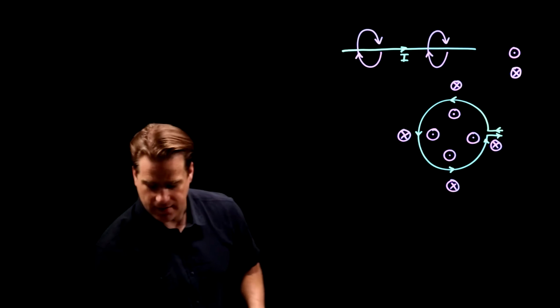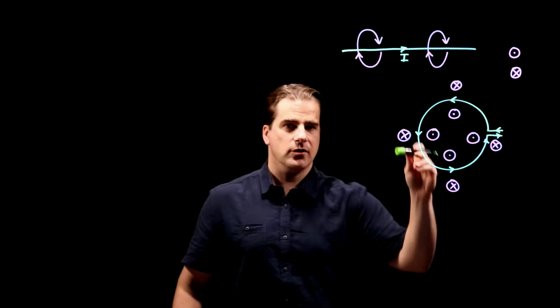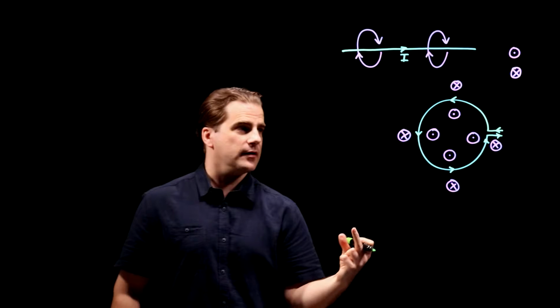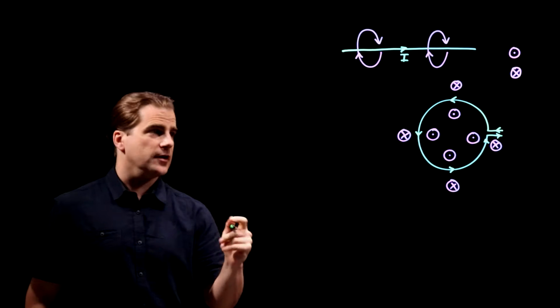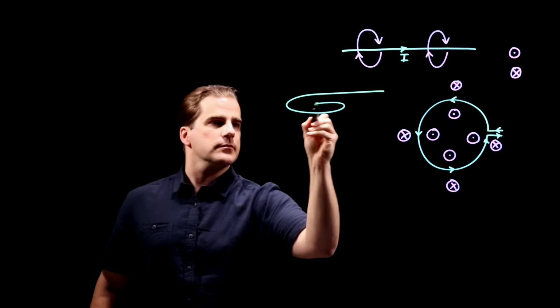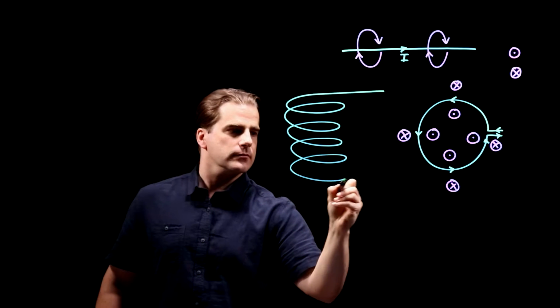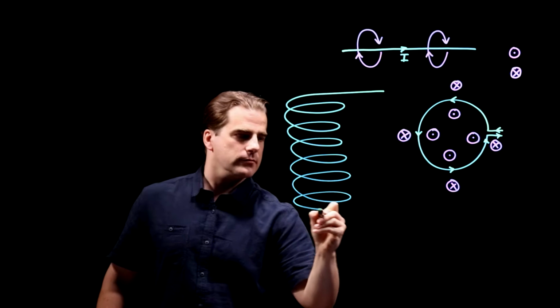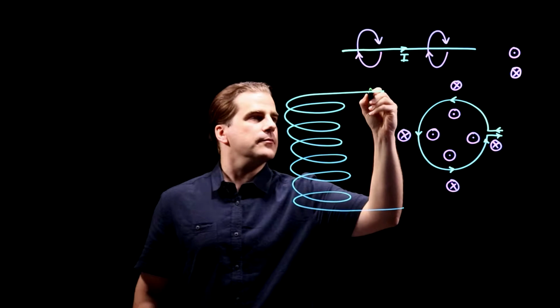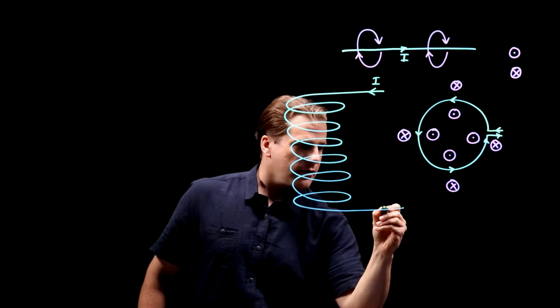So we can take that one step further and put many coils together, all with one wire, and make what's called a solenoid. So we send current in here and back out there.